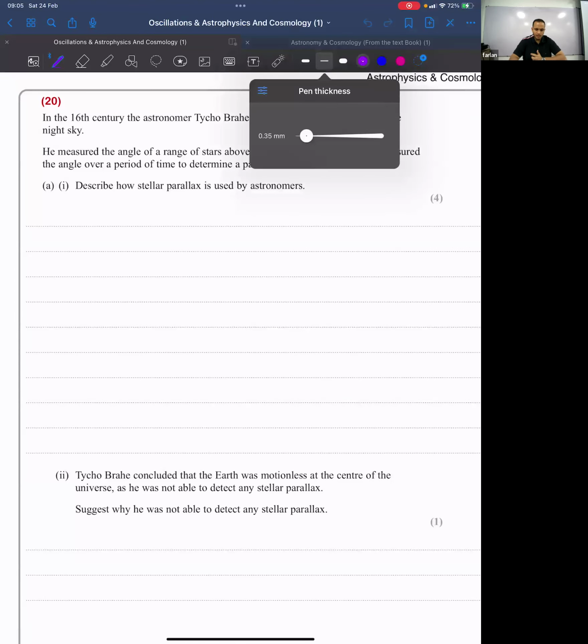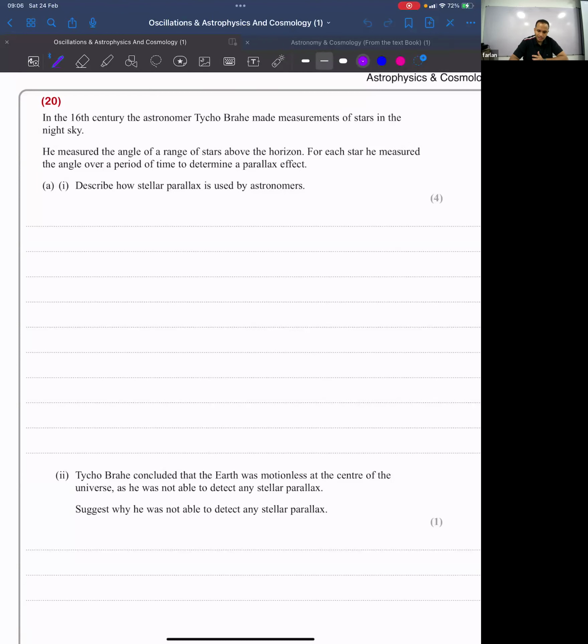This method is used to find the distance to relatively close by stars.